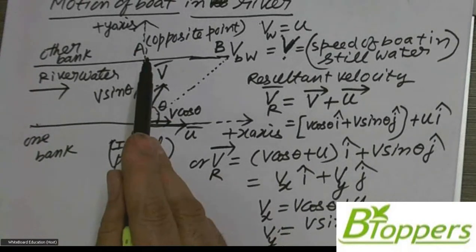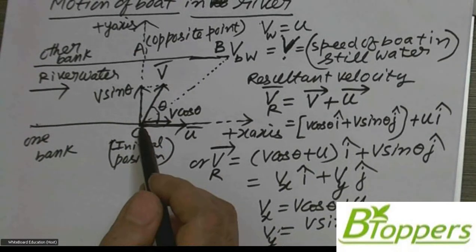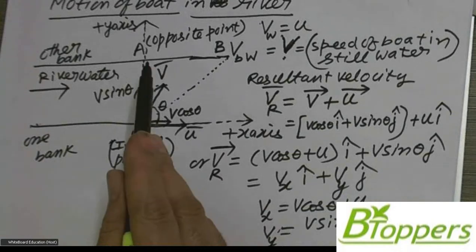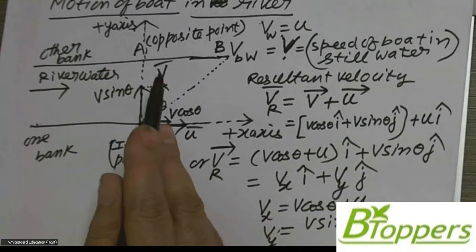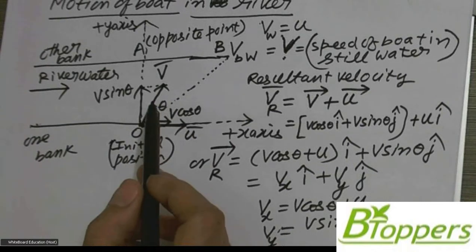The length of the line OA, that is the width of the river, can be taken as equal to the y component displacement, or displacement parallel to the y-axis.